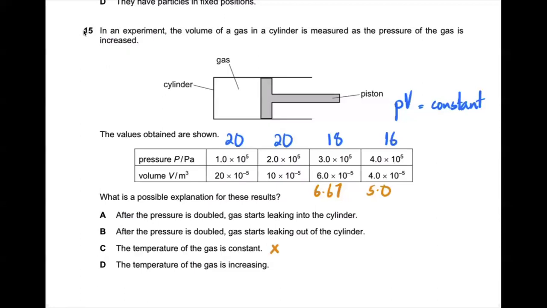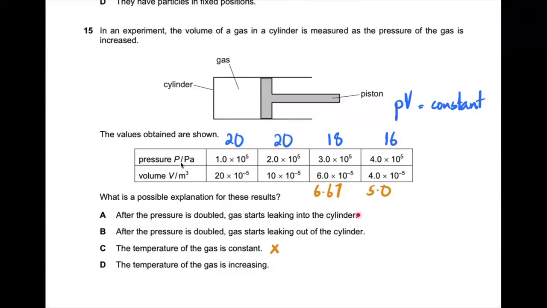So then the volume is less. What could be a possible reason for the volume being less? Obviously it should be either of these, that after the pressure is doubled, because here, as you can see, when the pressure doubles, PV stays a constant, but it's after that that it's not constant.